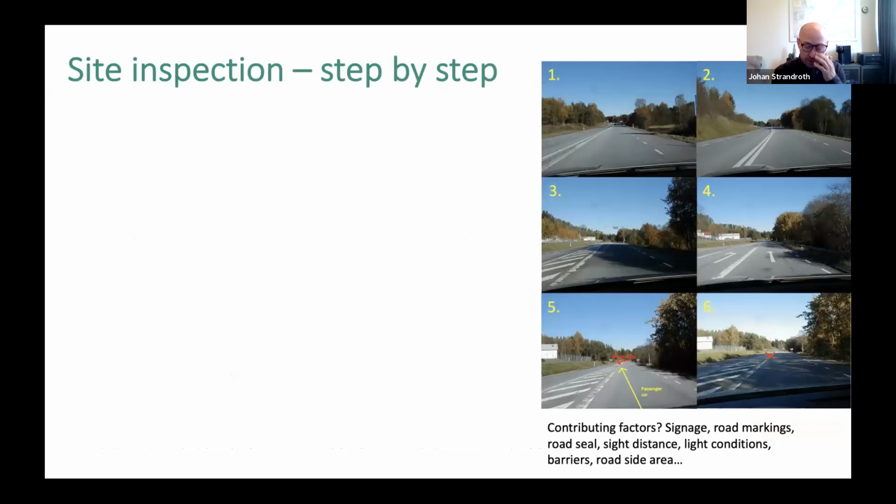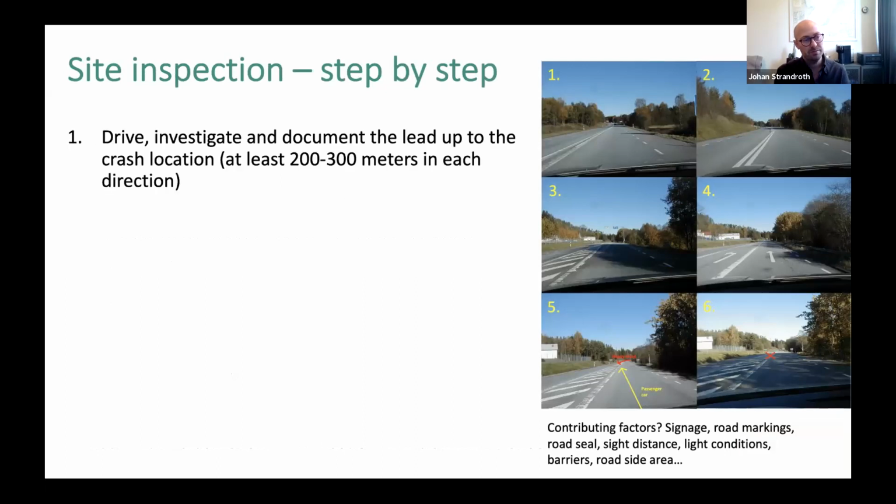Step by step, what do we do? Well, the first thing would normally be to just drive through the crash site, investigate and document the lead up to the crash location, maybe a couple of hundred meters ahead of the crash. Take photos, or if you have a dash cam, just video record and take screenshots out of that later. You want to understand and put yourself in the position of the vehicles involved.